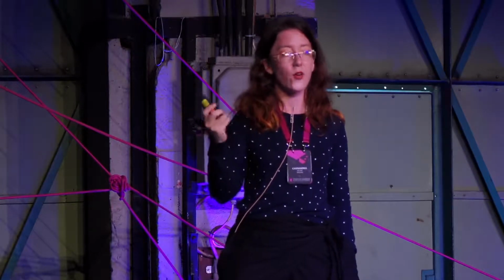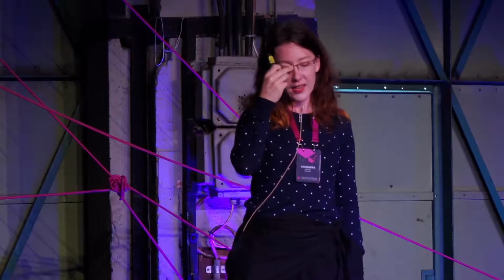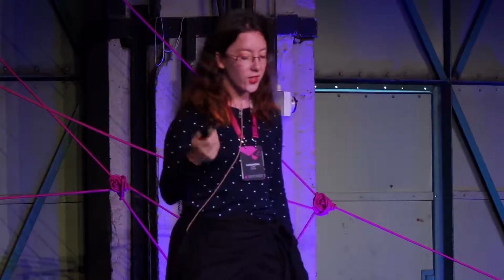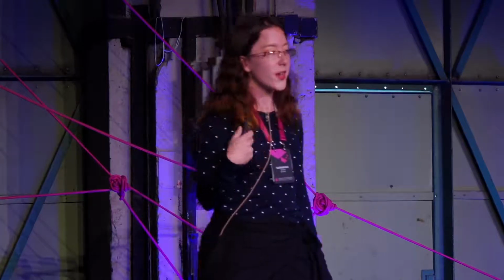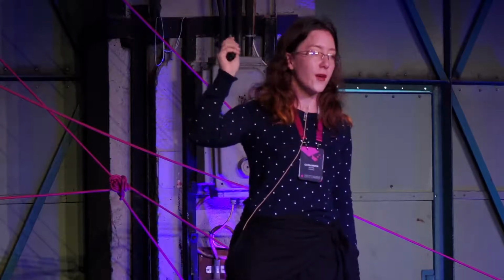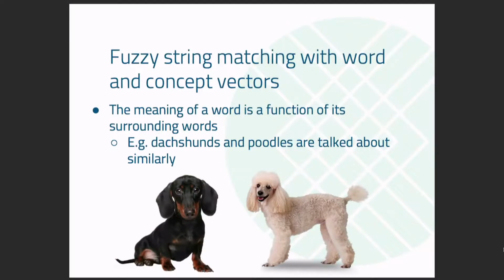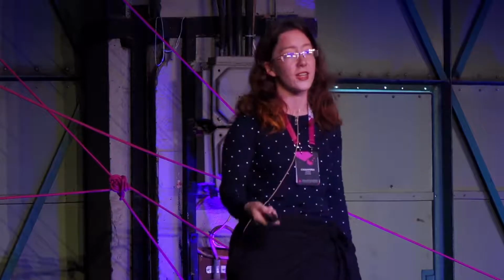So we're going to be learning a whole bunch of vectors, the idea being that a word is a function of its parts because of the things that it occurs with. So if we talk about dachshunds, like this cute little black and brown puppy on the left, or poodles, the dog on the other side, we talk about dachshunds and poodles in very particular ways, right?